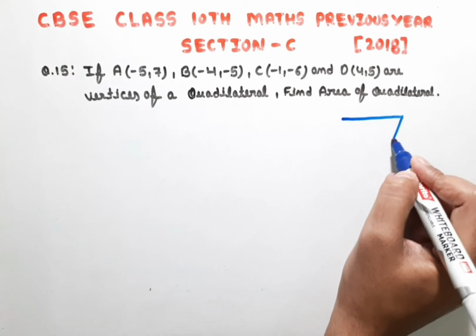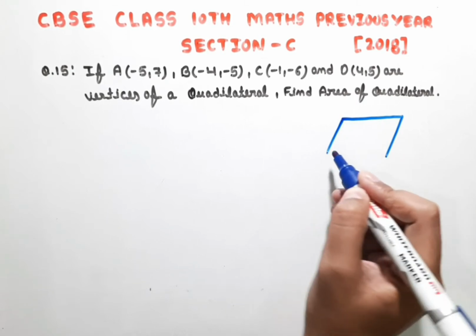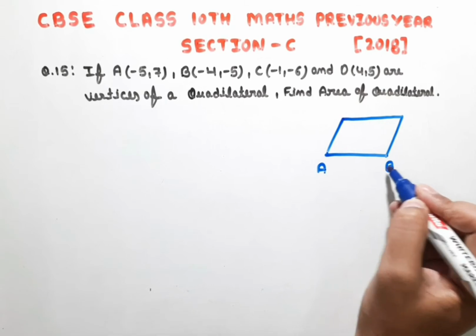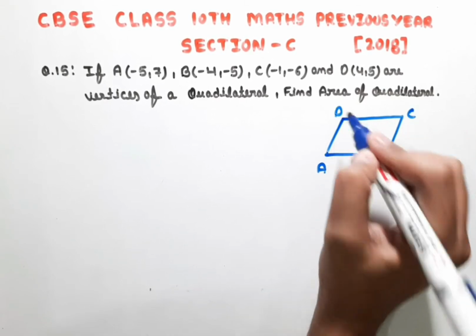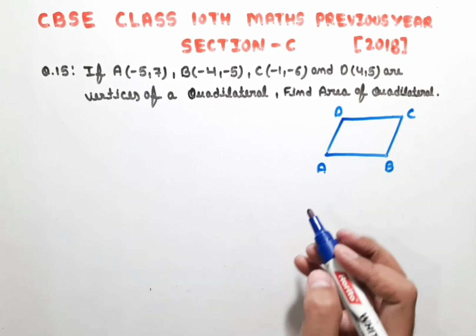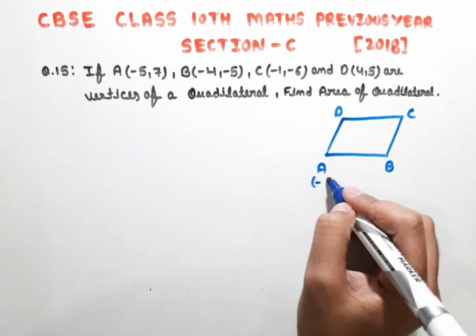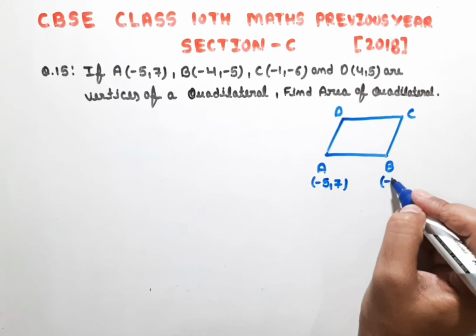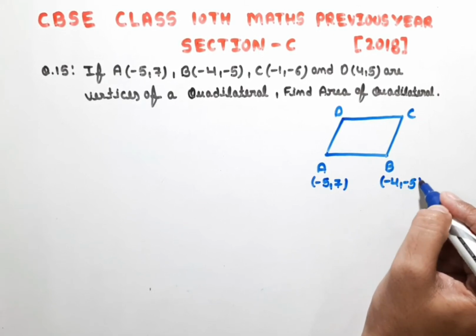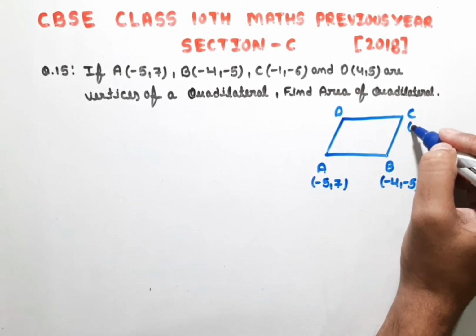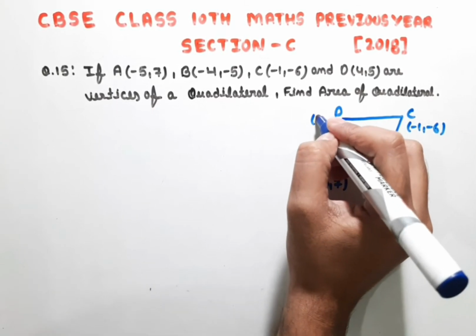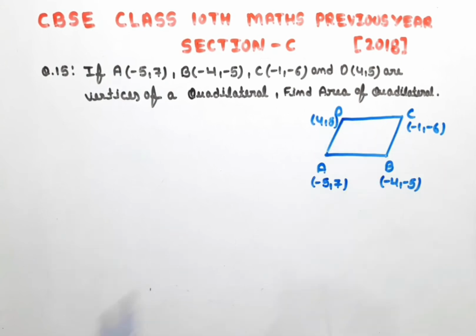Let this be the quadrilateral ABCD. Coordinate of point A is (-5, 7), point B is (-4, -5), point C is (-1, -6) and point D is (4, 5). We have to find the area of this quadrilateral.